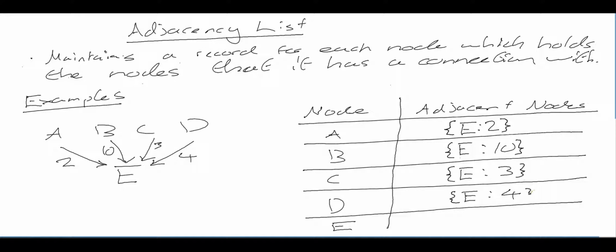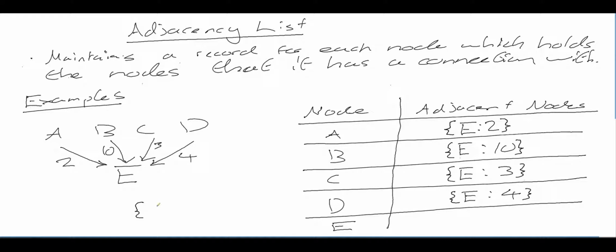So we're storing in our key value pair the node that the node on the left-hand side is adjacent to, and the cost associated with moving from the node on the left-hand side of the adjacency list to this node here. And as I showed you in the previous example, if you've got multiple nodes that the node on the left-hand side is adjacent to, you can do something like this.